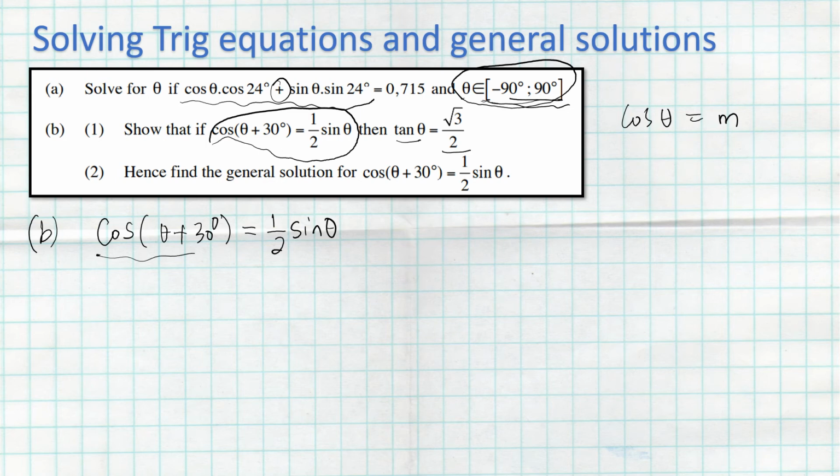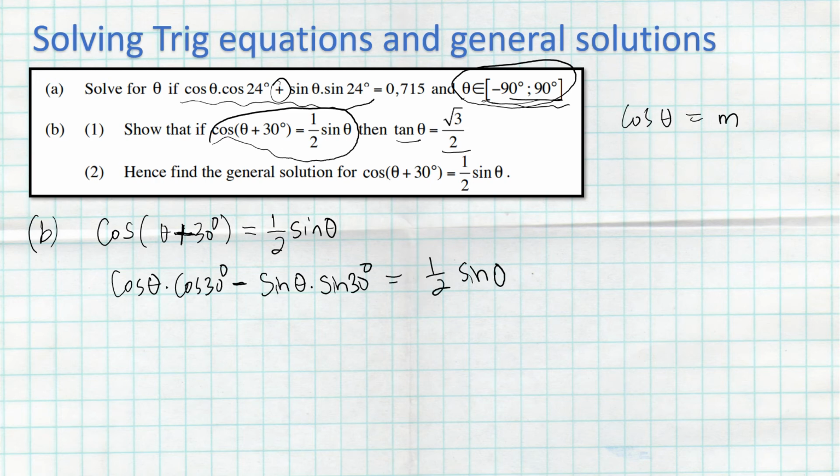So we can see this is a compound angle for what? For cos, right? Then it will be cos cos sine sine. So it will be cos theta cos 30, but when it's positive for cos, we change the sign to be negative. Then it will be sine theta sine 30, equals 1 over 2 sine theta.